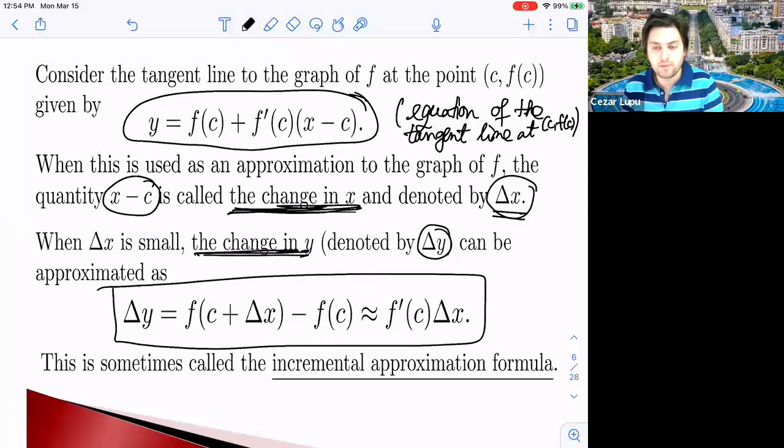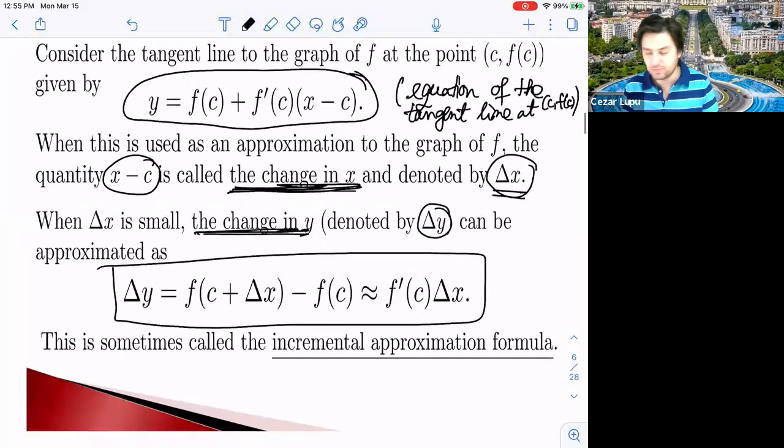So keep this in mind. Like I said, I would like to stress again that this will be related to the mean value theorem for differentiable functions.